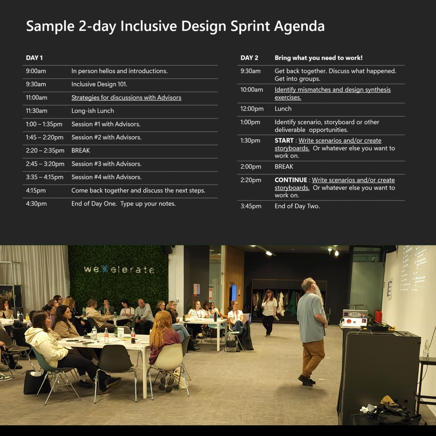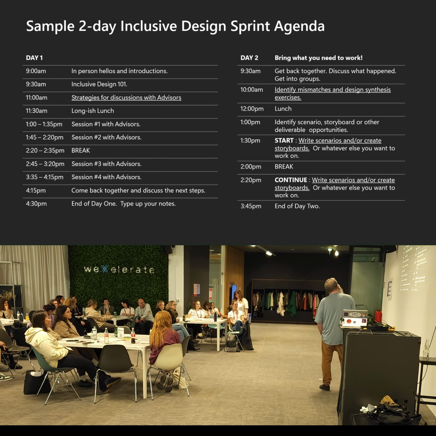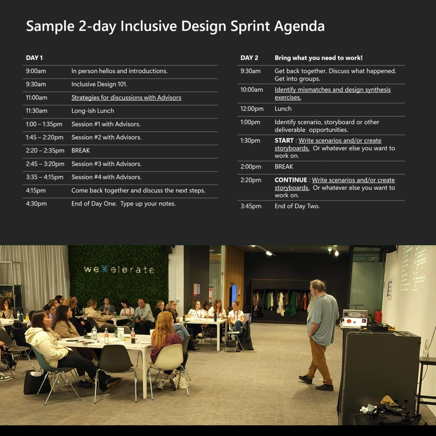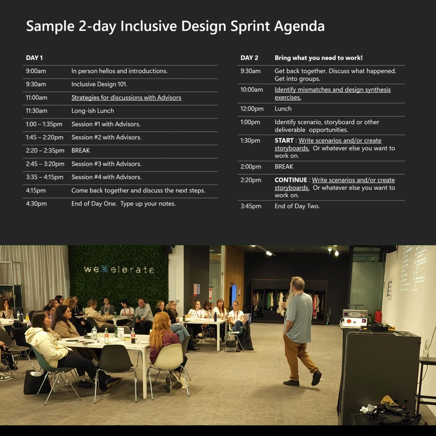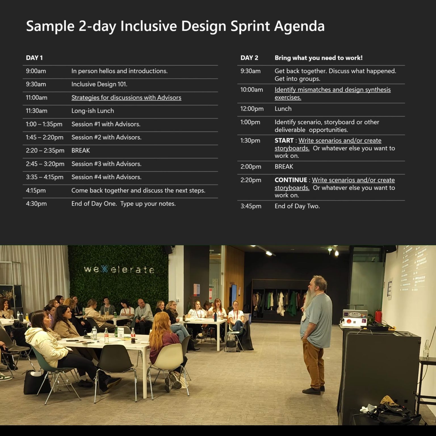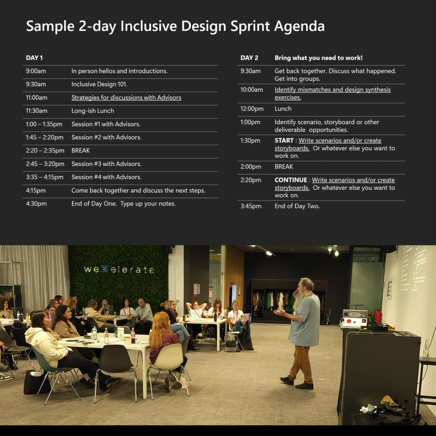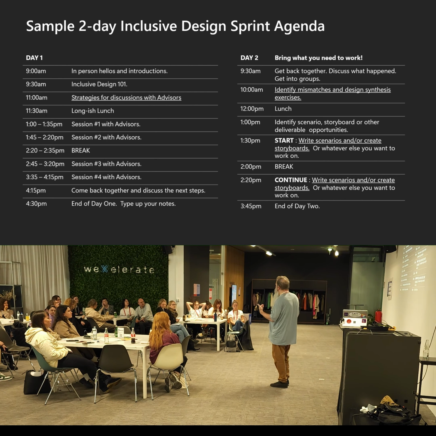That's what I've found. Then the next day we get back together, we go through a number of processes that you can find in the material that I gave you around how we identify mismatches. That includes the recognizing exclusion material that I gave you earlier. We have lunch, we start to write some scenarios, we continue to write scenarios. This is basically how we structure a 2-day sprint.